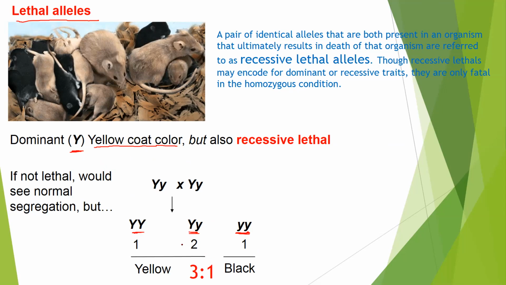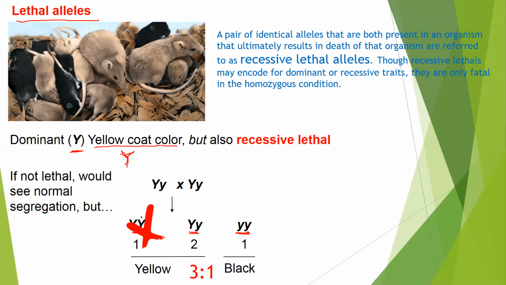However, as I mentioned, this gene can also determine whether a mouse is alive or not, right? So in reality, you can never see this genotype. Why? Because this genotype is lethal. If a mouse has a genotype like capital Y, this mouse cannot be born alive.